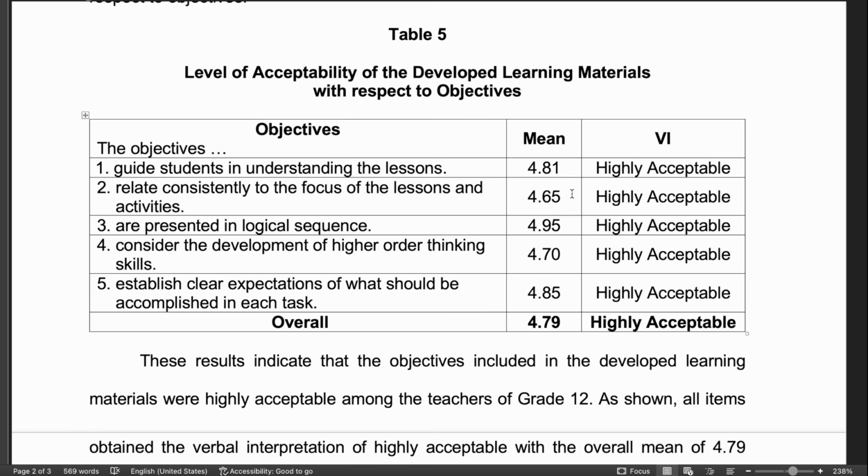Kung makikita natin, may iba't ibang mean, pero pare-pareho yung verbal interpretation nila. Lahat sila ay highly acceptable. Nangyayari po ito na lahat ay pasok sa range ng verbal interpretation na ito, yung mean, pero may pagkakaiba pa rin kung titingnan mo.